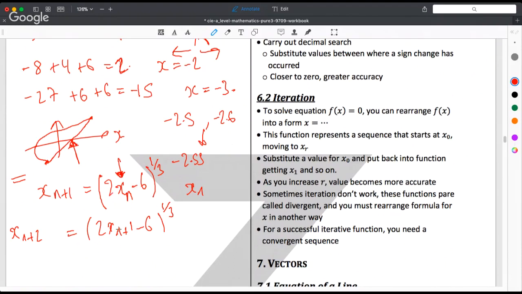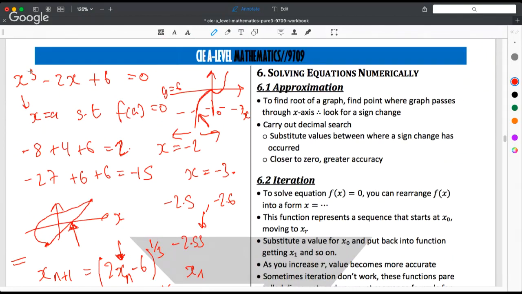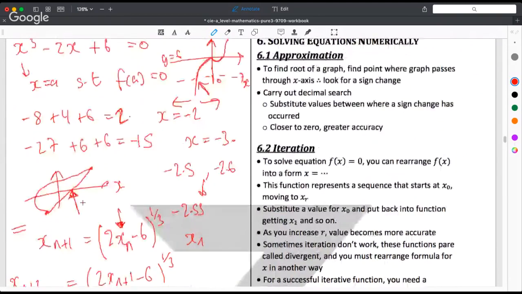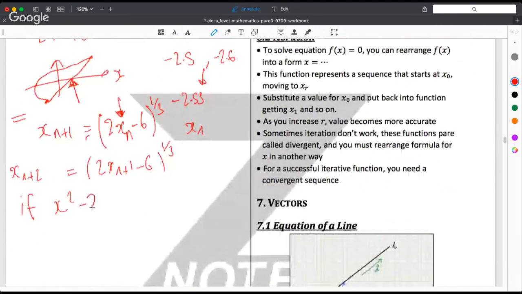but yeah. So in practical terms, in just the sense of using this, you have an initial guess. The initial guess can't be too ridiculous, otherwise this won't converge, right? Can I think of any value? I can't think of any values for when this wouldn't converge. If we imagine that this wasn't a 3, if we imagine this was a 2, if it was x squared minus 2x plus 6.